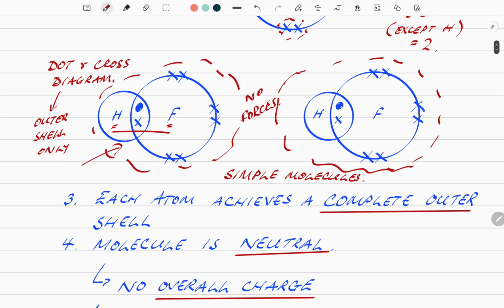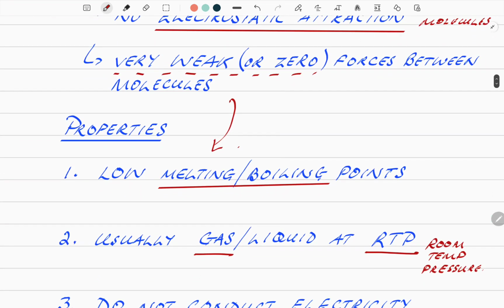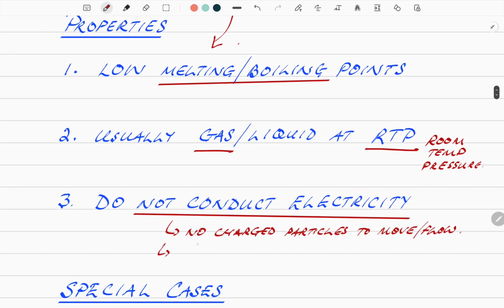The electrons are held tightly between the nuclei and cannot move. Hence, they don't conduct any electricity.